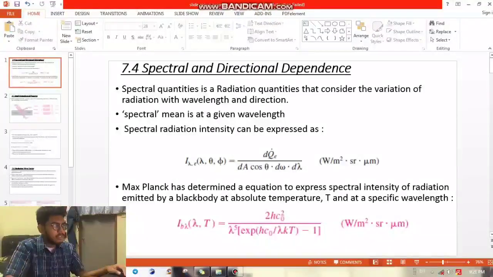Spectral radiation intensity can be expressed by this equation. Max Planck determined an equation to express the spectral intensity of radiation emitted by a black body at an absolute temperature and a specific wavelength, which is this equation.